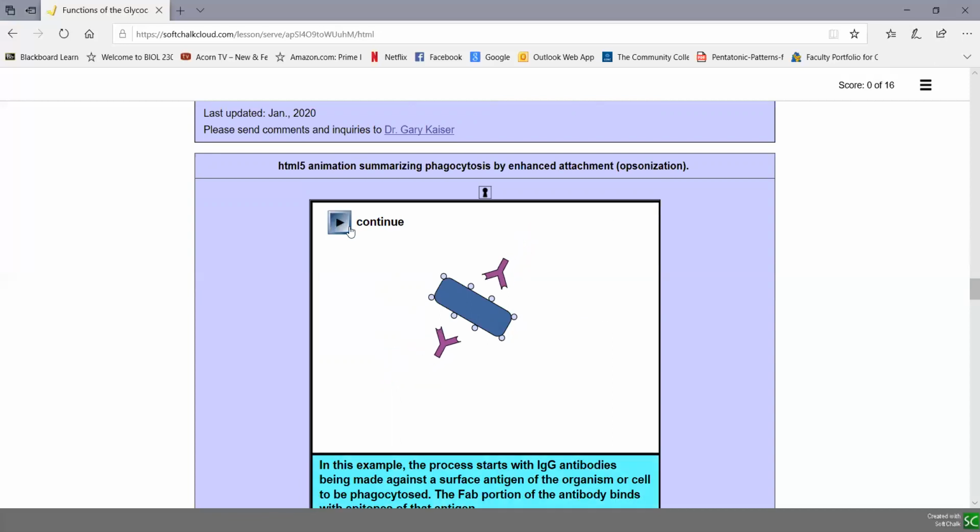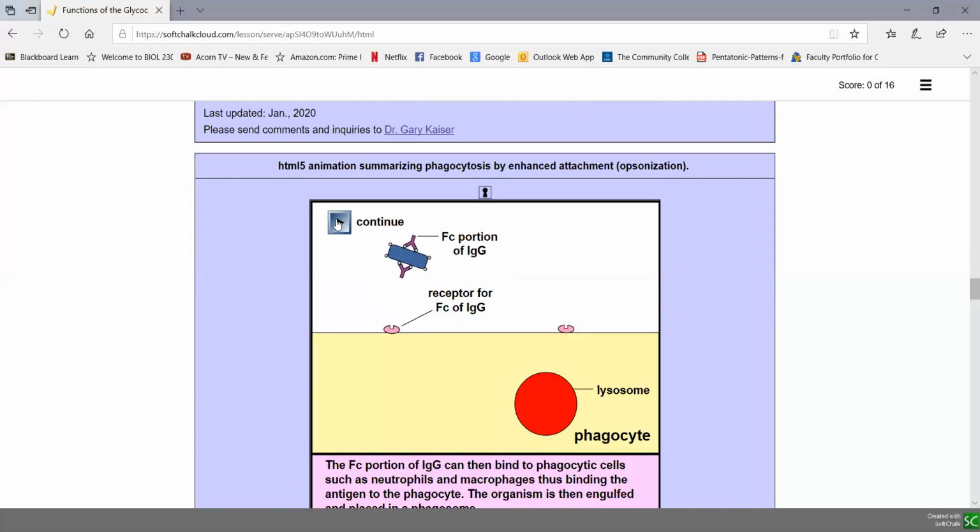So here we see the FAB part of the antibody binding to the epitopes on the bacterium, and then the FC part of the antibody, or bottom part that directs biological activity, can bind to FC receptors on the surface of the phagocyte, binding it tightly to the surface.